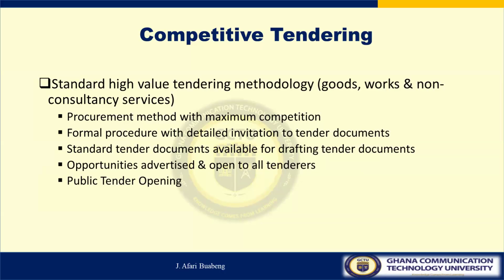I didn't teach you principles, but I know the principles. One of the principles is what? Competitiveness, competition. So we want to have competition in the procurement process. Why? Because there are a lot of benefits or advantages linked to competition in terms of price, in terms of quality, among others.